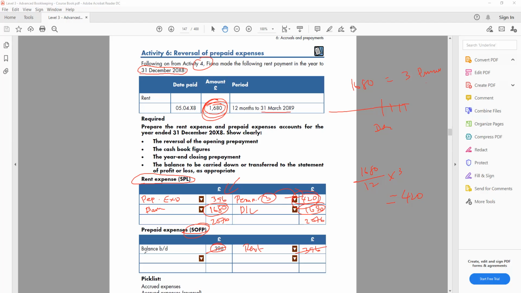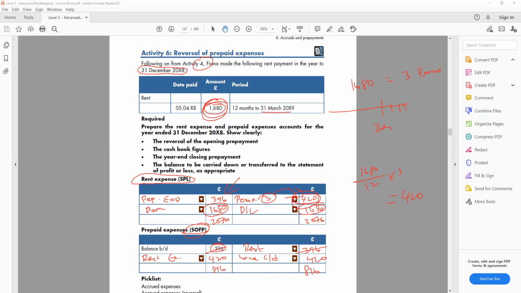So I'm going to write rent expense, 420. And if I add all of this, 816, 816, the balance c/d is 420. And this 420 will be moved to the next period in exactly the same way.